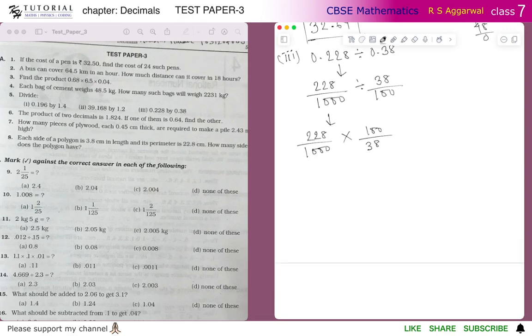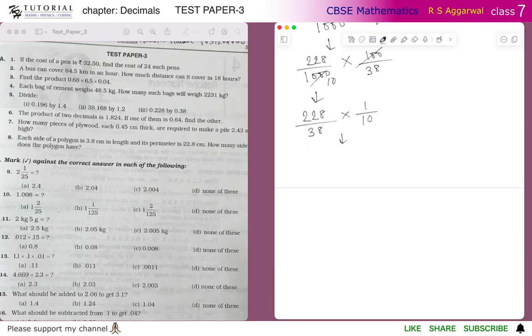Now we cancel out the powers of 10. This becomes 10. Now this is 228 by 38 multiplied by 1 by 10, and this is 228 by 38 divided by 10. Now we have to convert the fraction 228 by 38 to a decimal number, and what will be the result? 6.